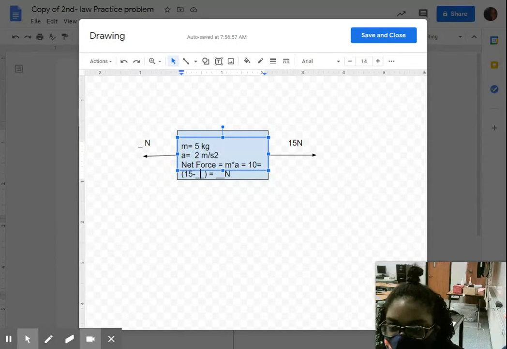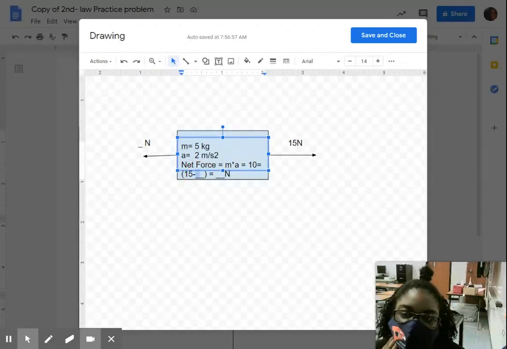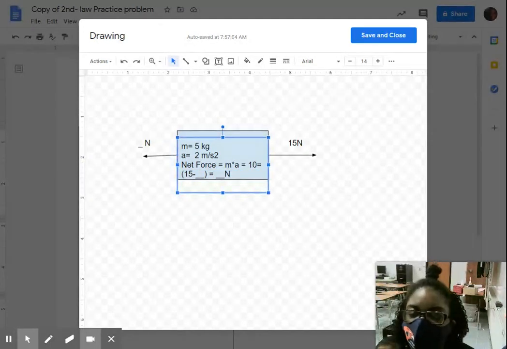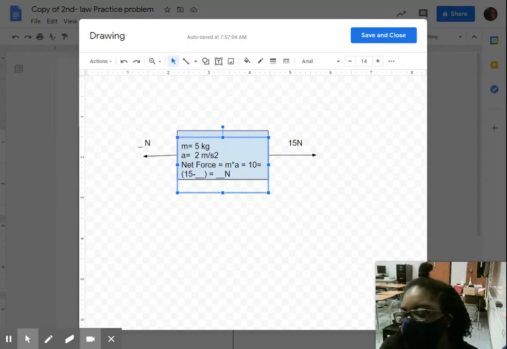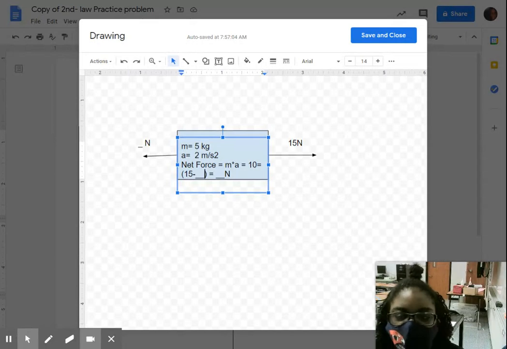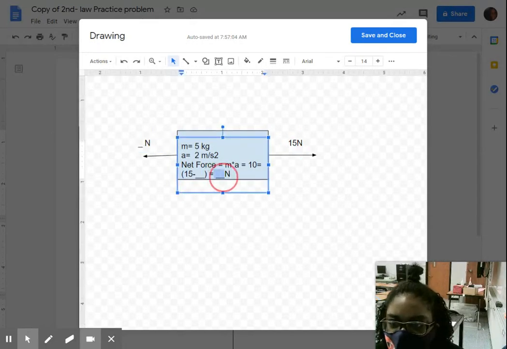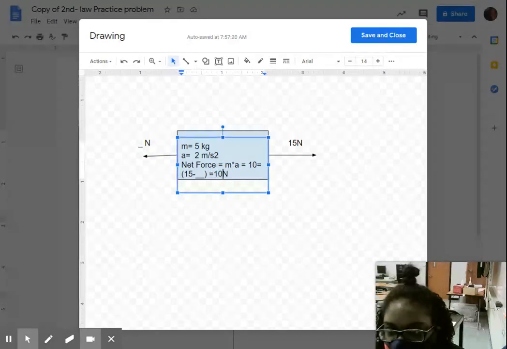Our issue is we need to find out what is Sam's force, this missing number here. Okay? So if my net force is 10, but Henry has 15, then what is Sam's force? So 15 minus some number is going to give me 10.